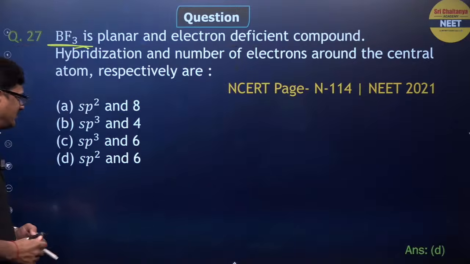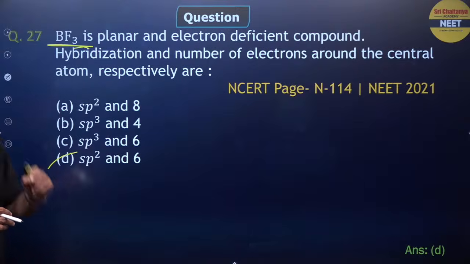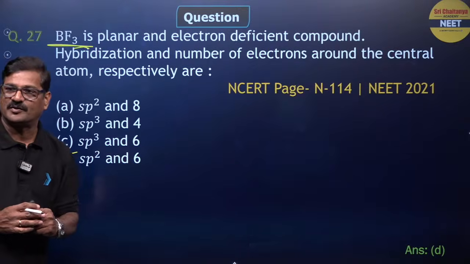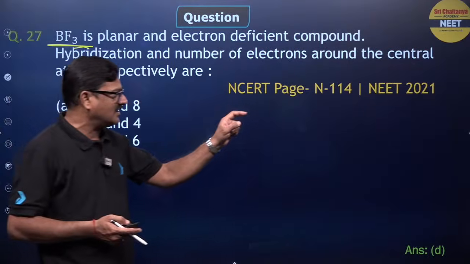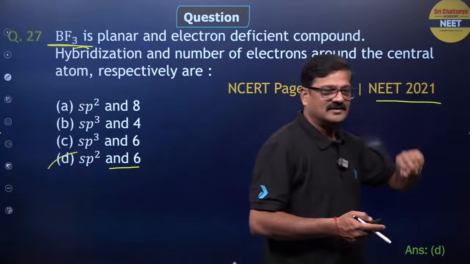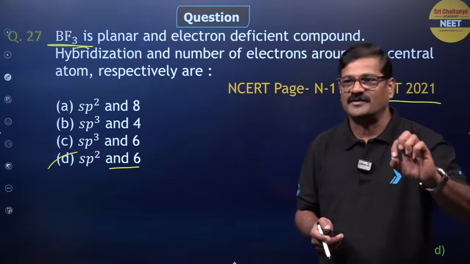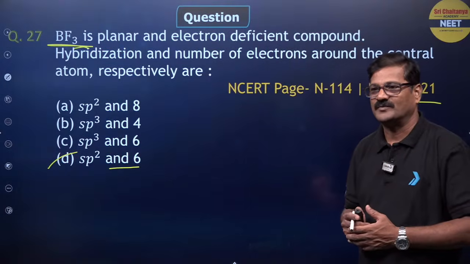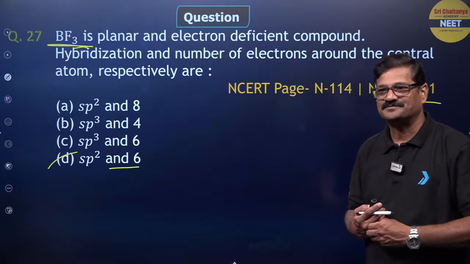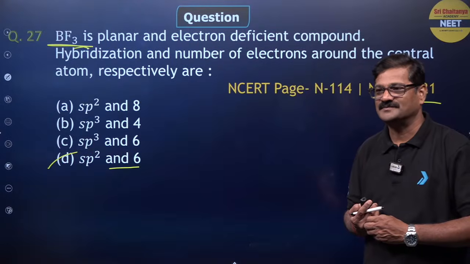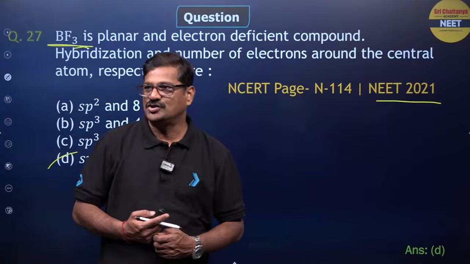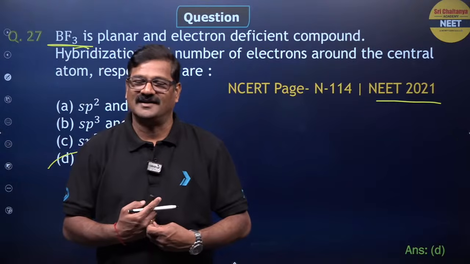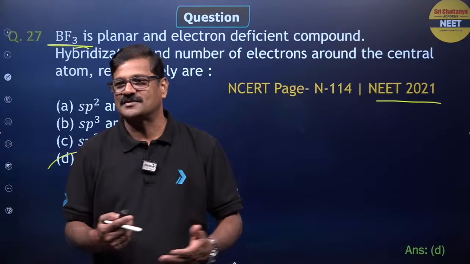No, it is not an octet. It is electron deficient, with only 6 electrons. It is clearly given in NCERT, and a question came in NEET 2025. Right? Anuj and Hana and so many students are there online.